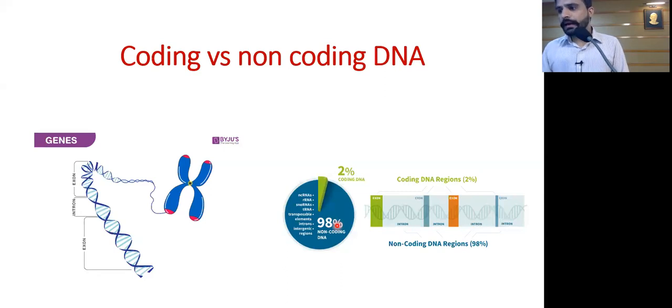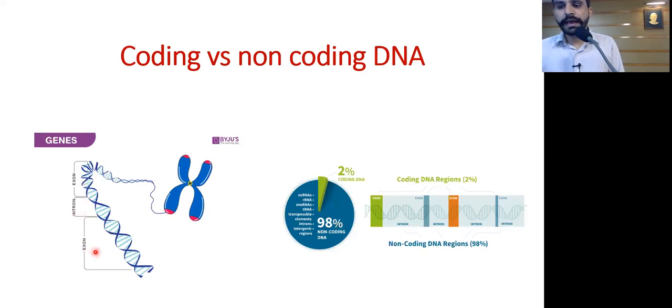So as I have already told, only 2% of the DNA is coded in the form of proteins. DNA is in the form of a chromosome, and there are dispersed sections of the DNA that give rise to proteins, and these sections are known as genes.